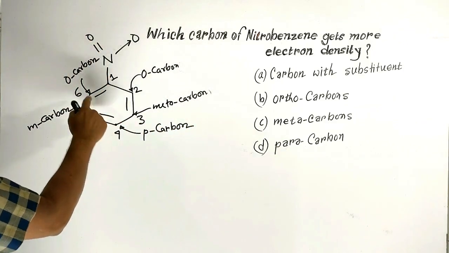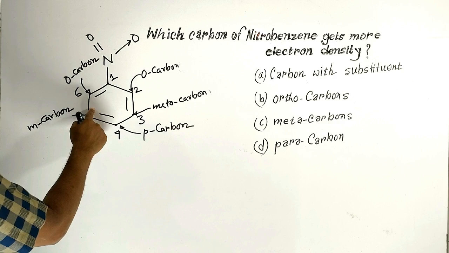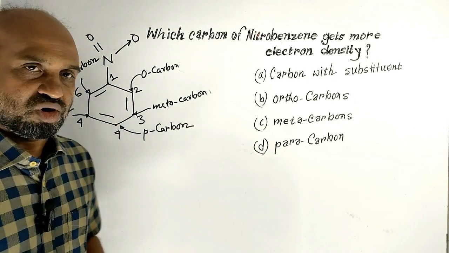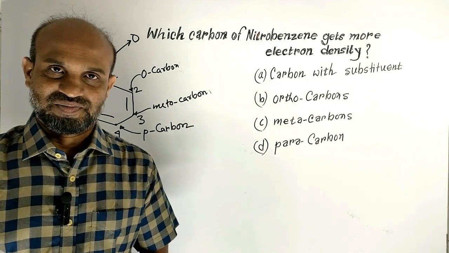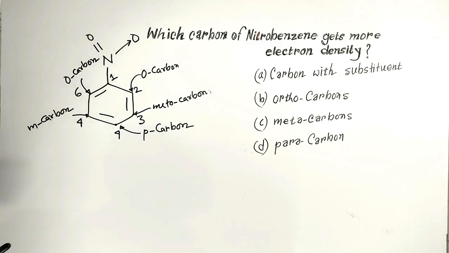Now let us see which carbon atom of nitrobenzene gets more electron density. Which carbon atom of nitrobenzene gets more electron density? Let us see resonance structures of nitrobenzene.